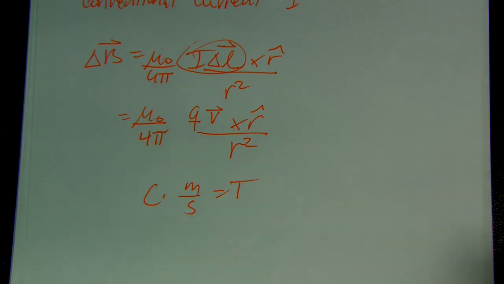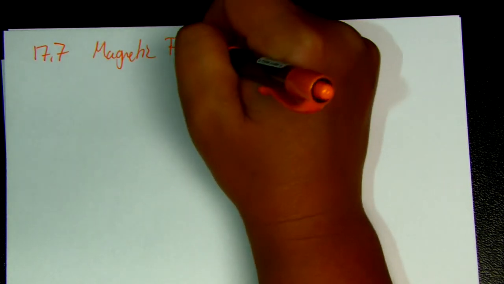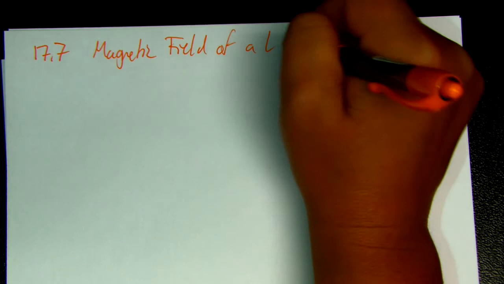All right, so moving on. 17.7. The magnetic field of a long wire.